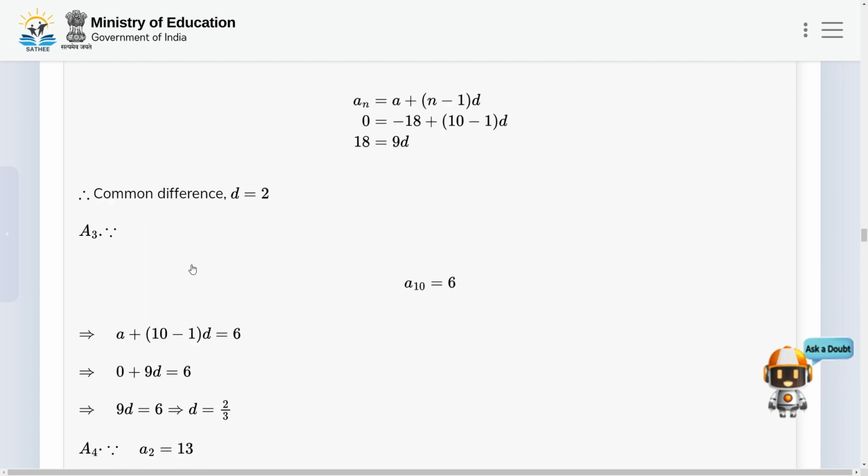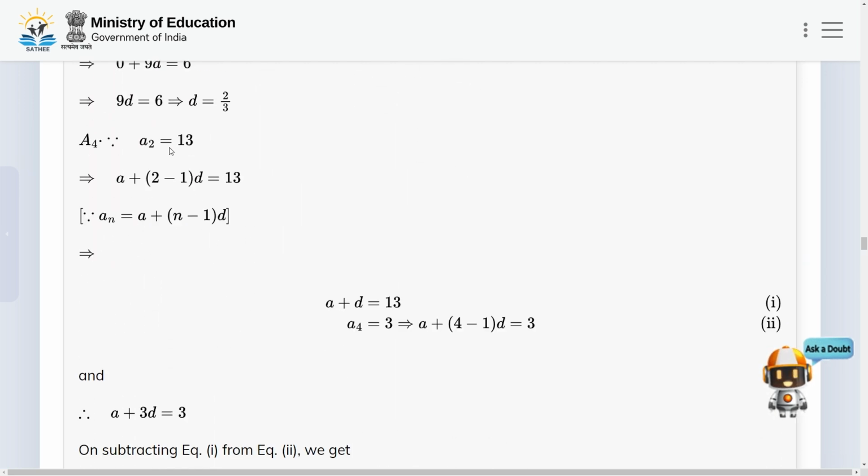We have a2 equal to 13, and we know the nth term of an AP, an is equal to a plus n minus 1 times d. So it implies a plus 2 minus 1 times d is equal to 13, and it implies a plus d is equal to 13. Here a4 is also given to us, that is equal to 3, and it implies a plus 4 minus 1 times d is equal to 3, and it implies a plus 3d is equal to 3.